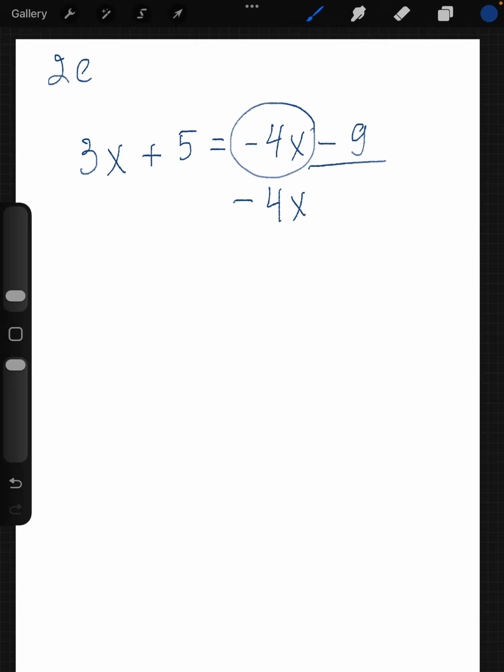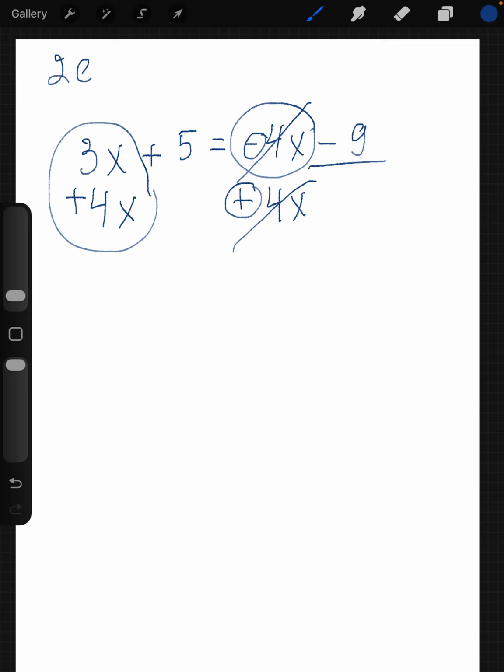We remove it by adding it, right, because negative and positive will cancel each other out, which means that we added to this side of the equation, right? So negative 4x and positive 4x on the right side cancel each other out, and here 3x plus 4x equals 7x plus 5 equals negative 9, right?